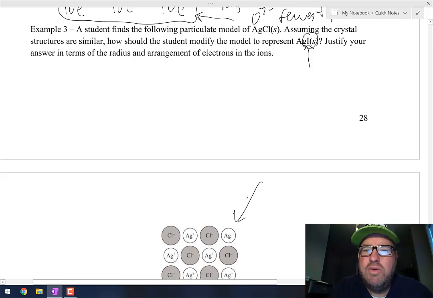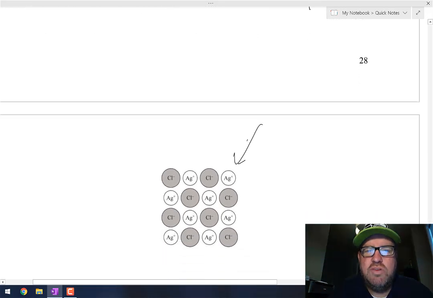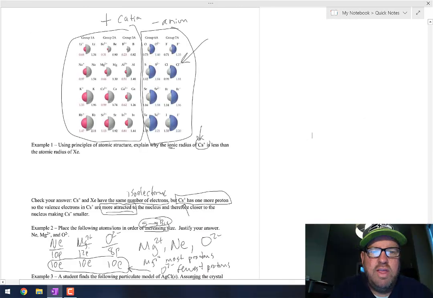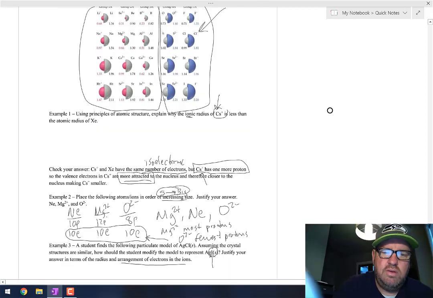Okay, so how would you modify this model here to represent AgI instead of AgCl? Well, in terms of the arrangement of the electrons in the ion, and then the radius.